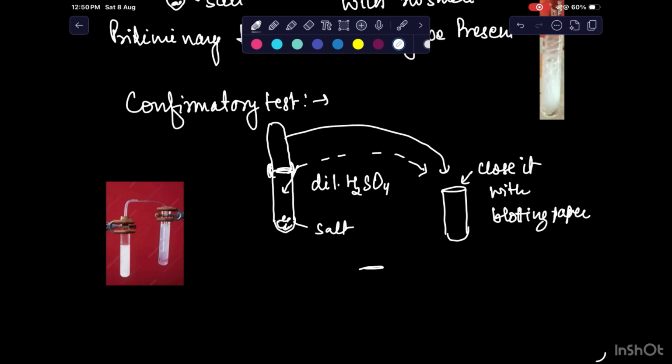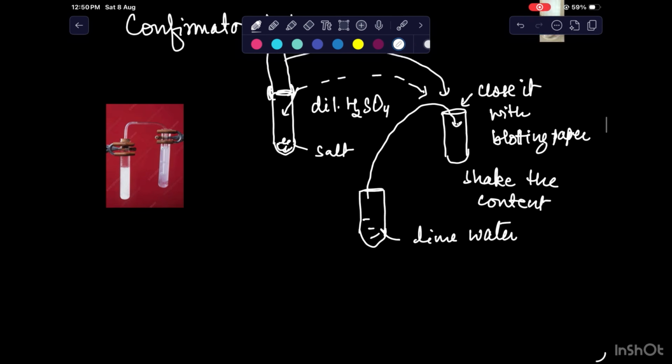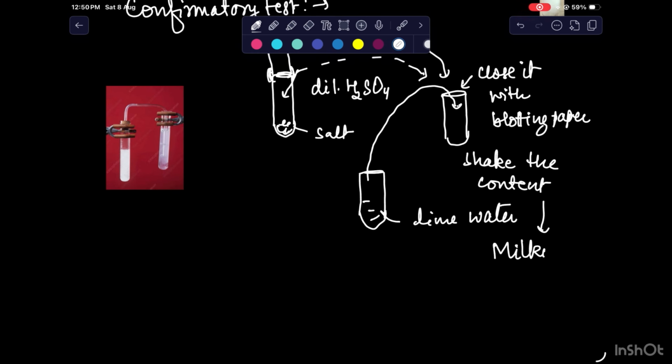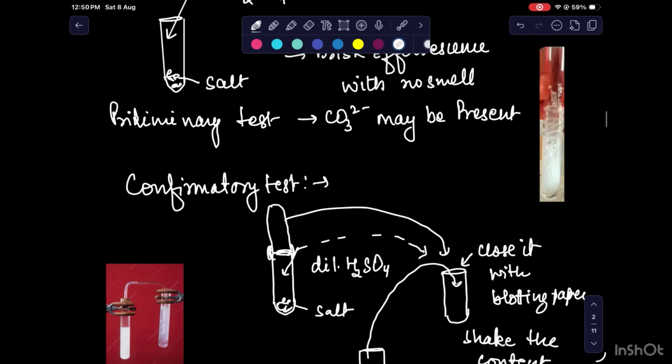This test tube now has CO2, and we'll take lime water in another test tube, add this lime water into the test tube which has CO2, and shake the contents. When we shake the contents, milkiness will appear, right. This is because the CO2 has reacted with calcium hydroxide, that is lime water, and that is why we see the milkiness.